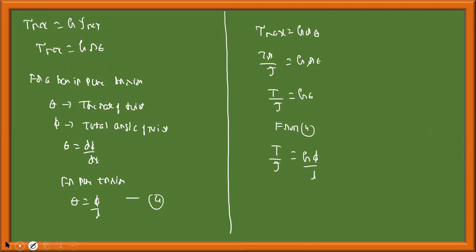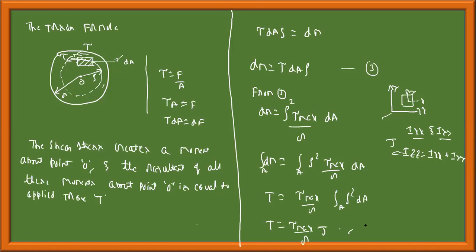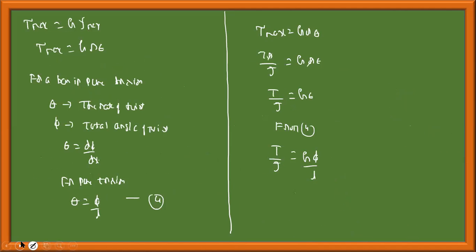We also derived T by J is equal to tau max by R. So T by J is equal to tau by R, which is equal to G phi by L. This is the derivation for your torsion equation.